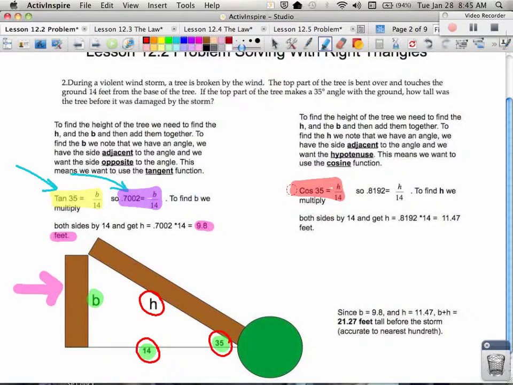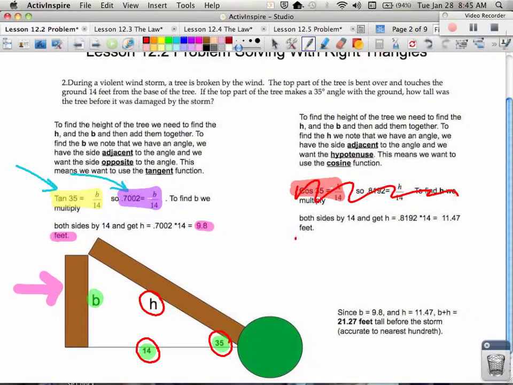And actually, that is definitely not correct, because the adjacent should be on the top. So, let me rewrite that, my apologies. Let's cross that stuff off. And here's what it should look like.